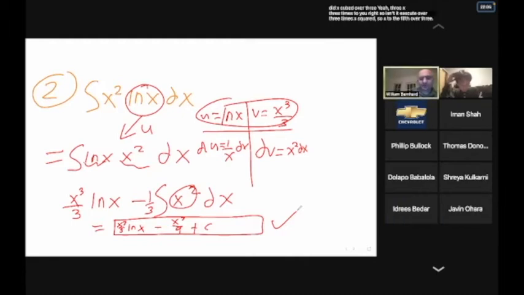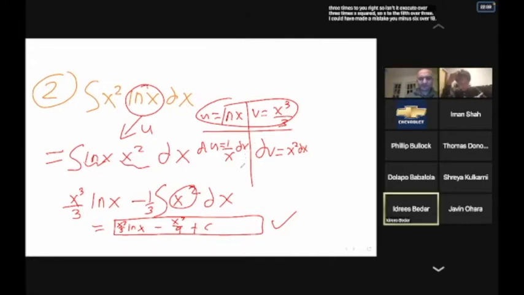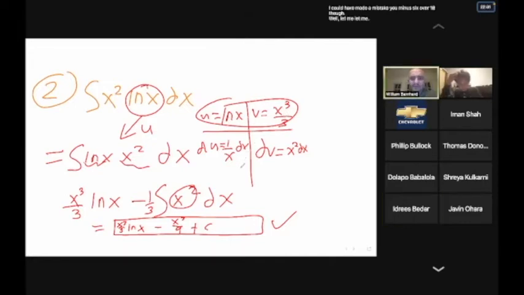Well, let's see if I could have made a mistake. uv minus. I got x to the 6 over 18 though. Well, let me see what happened here. We had u was ln of x, and then dv was x squared dx. So we did the antiderivative rule here. And we then decided to do uv, which was these two together, so that checks out, minus the integral of v du.